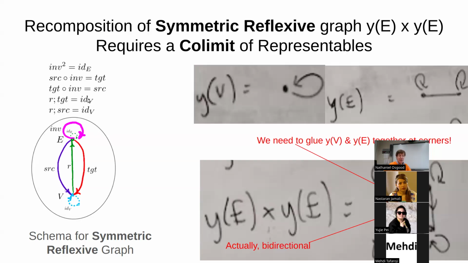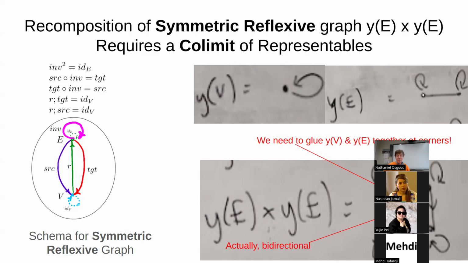And look at this, Ujja. If you do R and then target, it's identity on V, because that's just taking the reflexive edge, right?